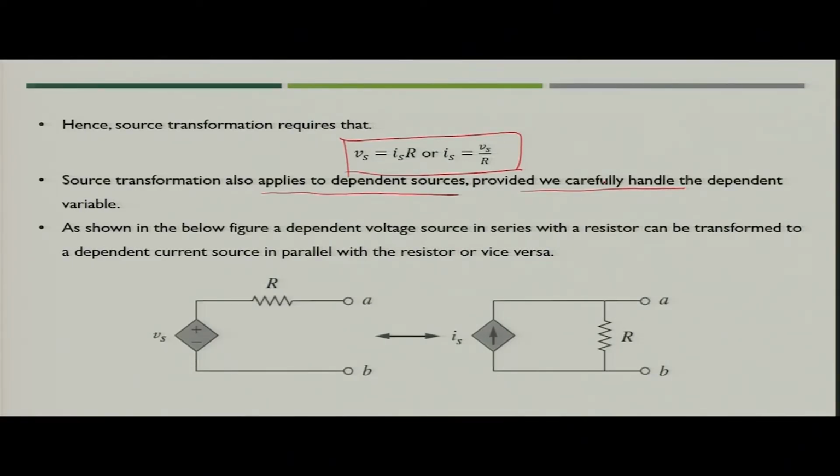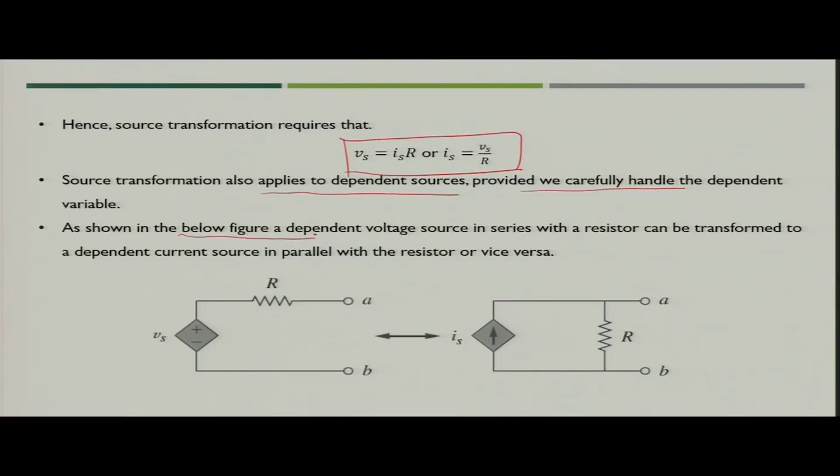When you do source transformation and you see a dependency on a resistance, that particular resistance we cannot consider for the source transformation. That is something you have to be very careful about.